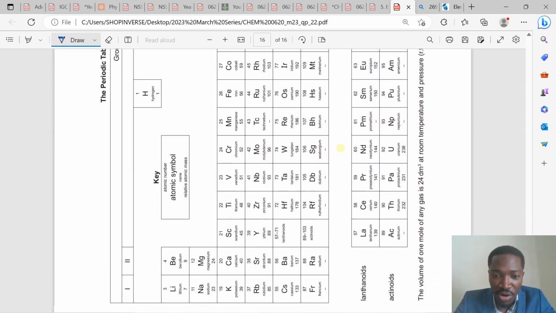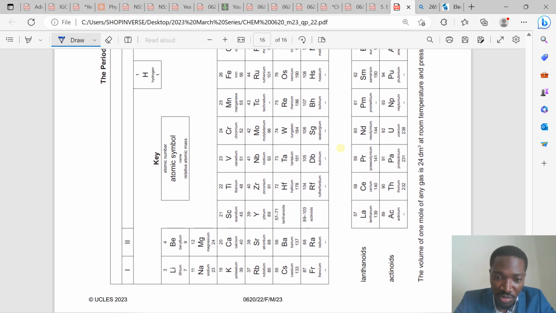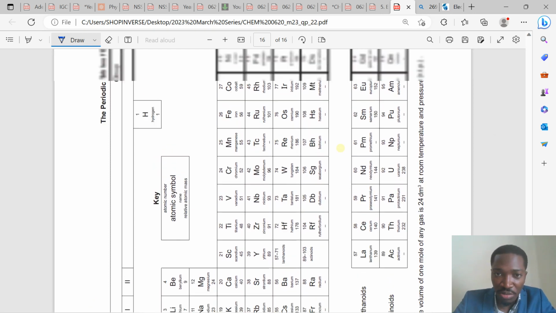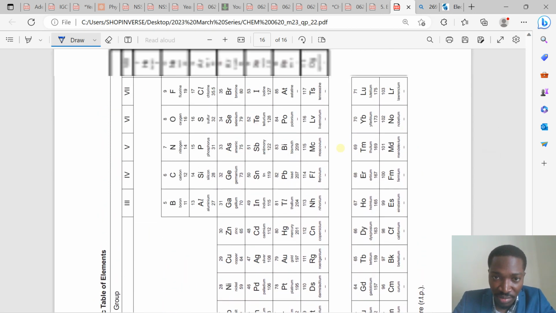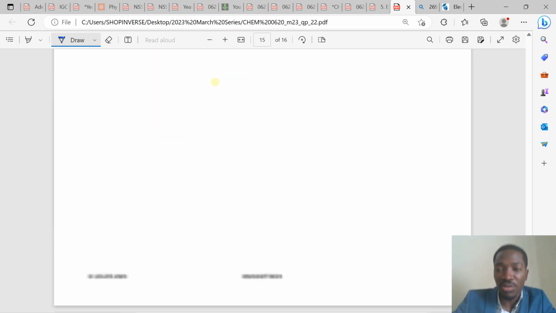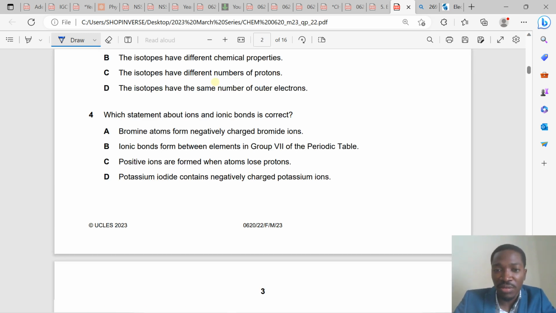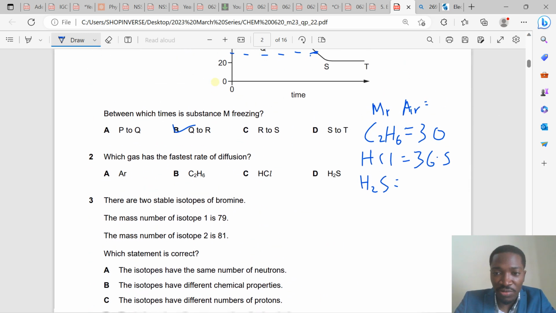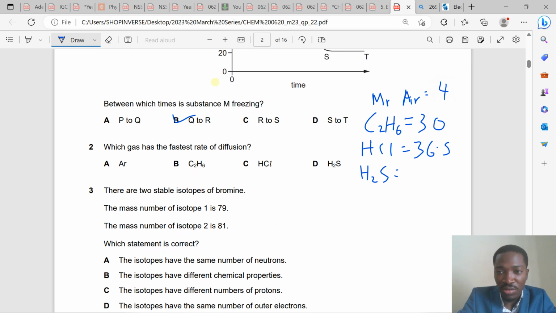So you look for argon, after potassium and calcium. Argon should be here. Yeah, this is argon, and the relative mass of argon is 40. Then where is sulfur? Sulfur is 32. Argon is 40.